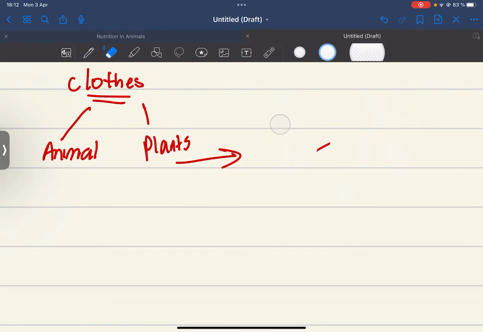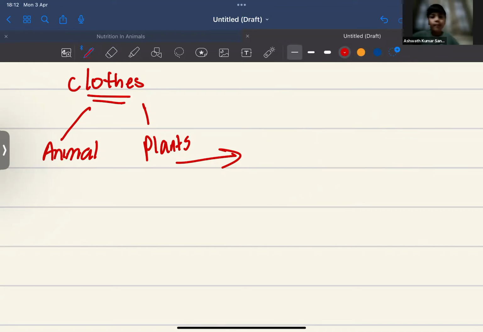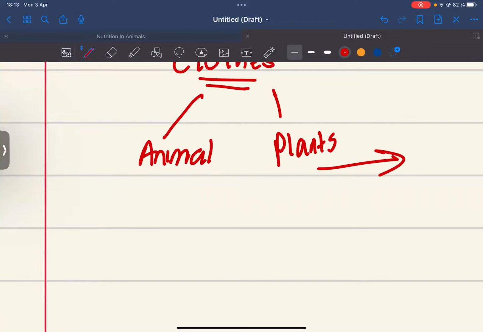Then what does it give first? Think, think. What happened to all of you? Basic sense. Okay, now you told sheep.